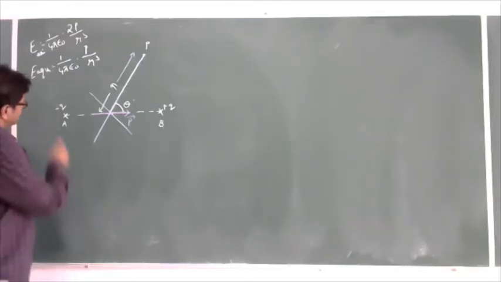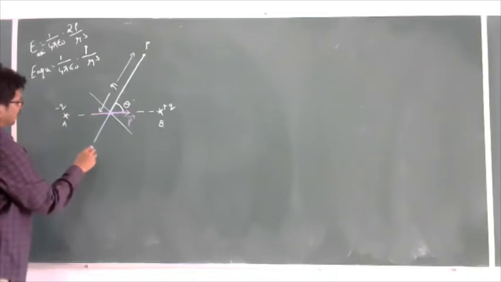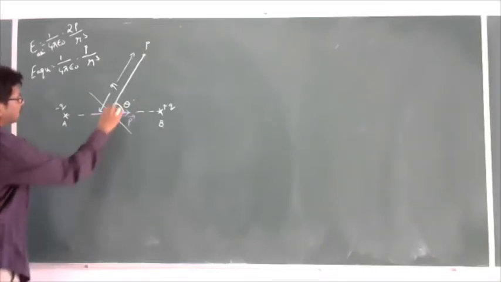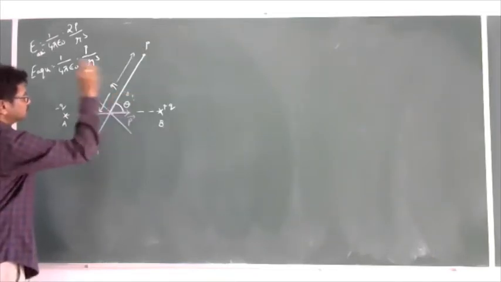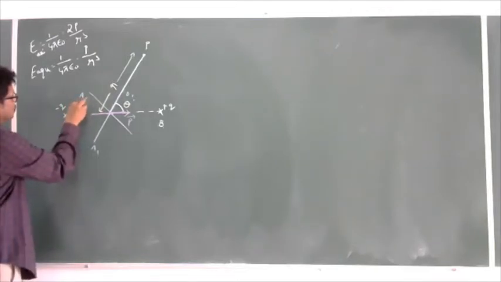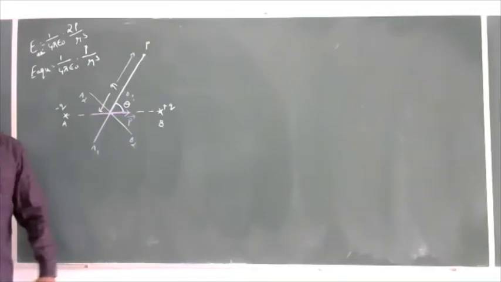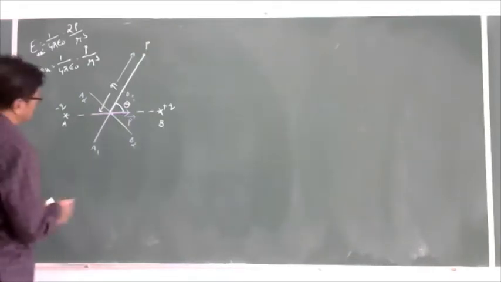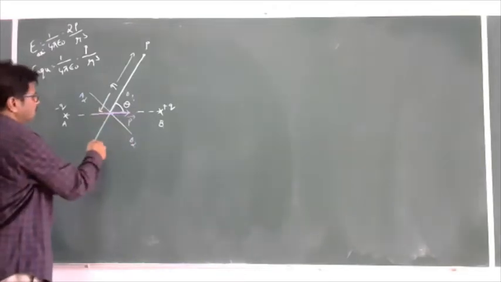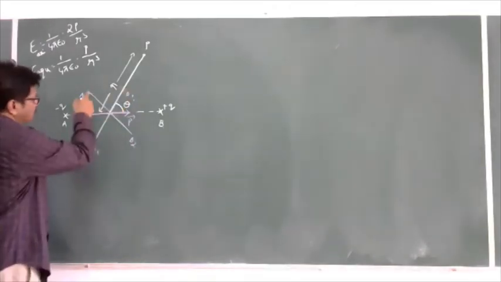Now, this is AB, so I am calling it A1, B1, and this one A2, B2. Like this, the dipole moment is resolved into two components, one is A1, B1, the other is A2, B2.